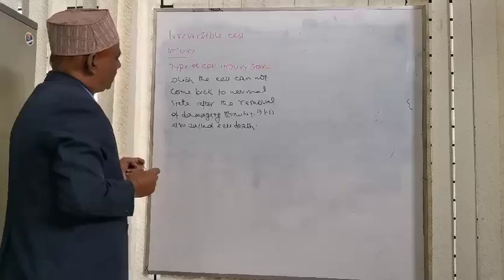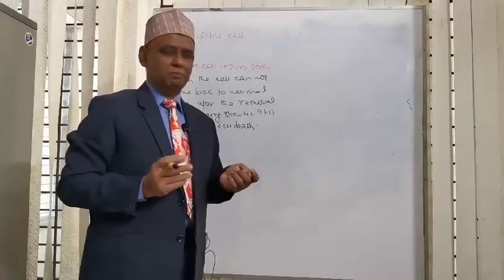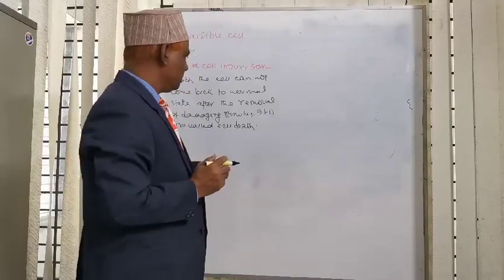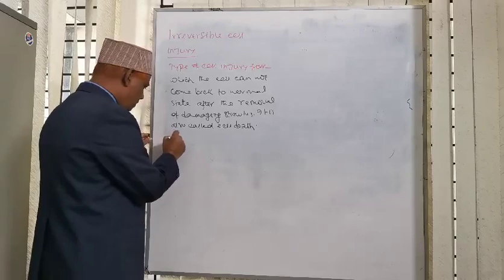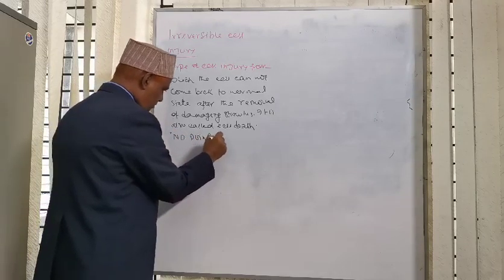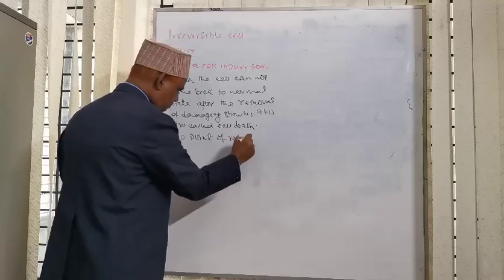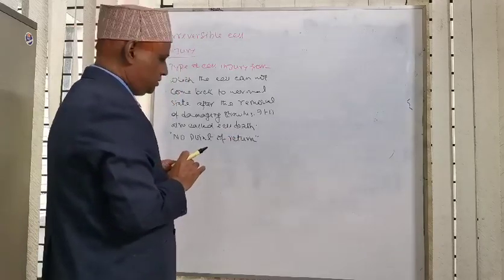Again we can recall, in case of reversible cell injury there is a point of return, but in case of irreversible cell injury there is no point of return. So this is irreversible cell injury.